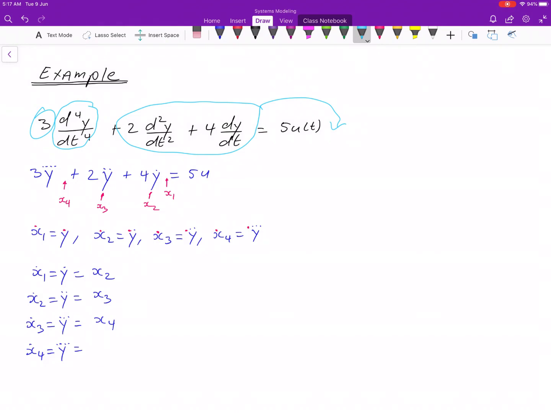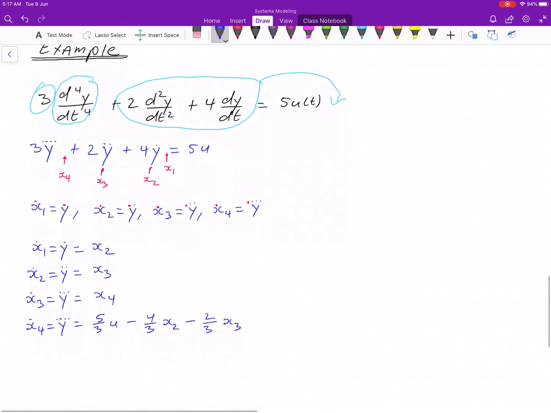Okay, so what we are going to have is 5 over 3 u minus 4 over 3 x2 minus 2 over 3 x3. Okay, now this system is ready to be written into our state space form.